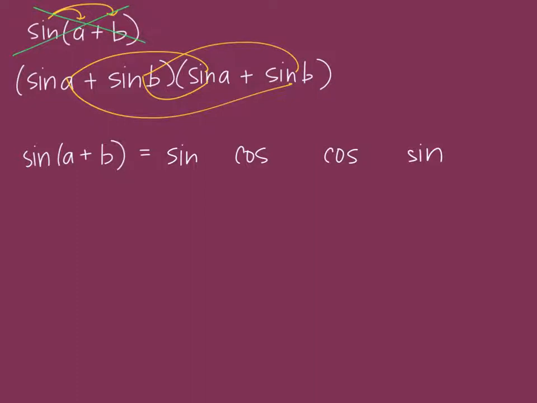The order is sine, cosine, and then another cosine followed by sine, so it reverses itself. And then the A goes here and the B goes next, and then A again and B. But notice that the trig words reverse each other. And between those is a plus sign. So you've got a first section and a second section. These are multiplied, but between them is a plus.